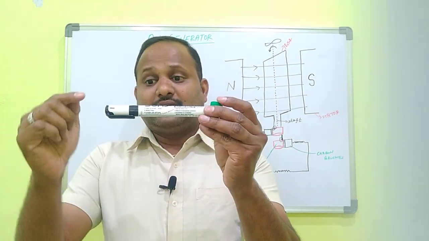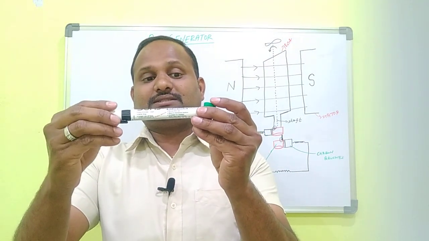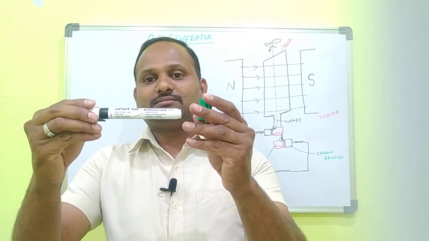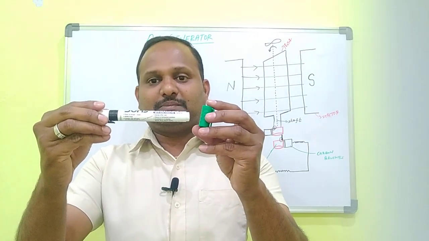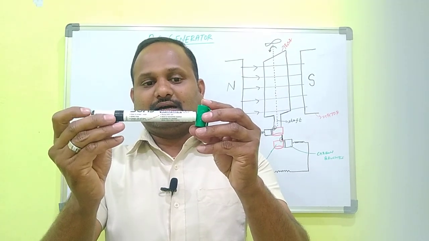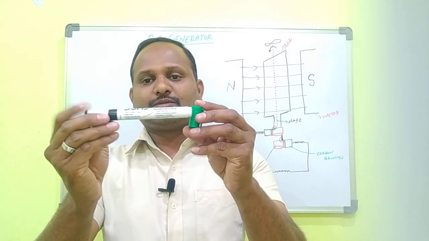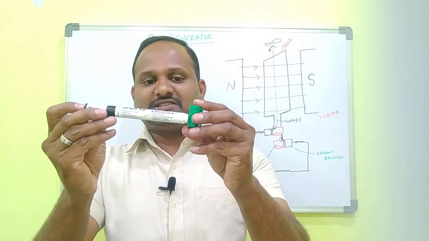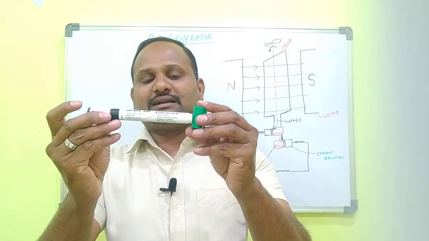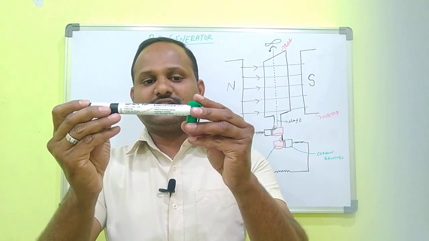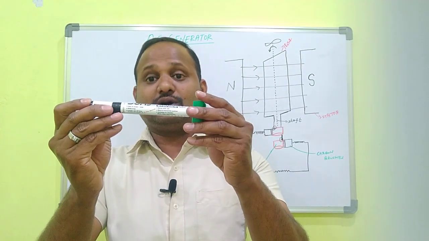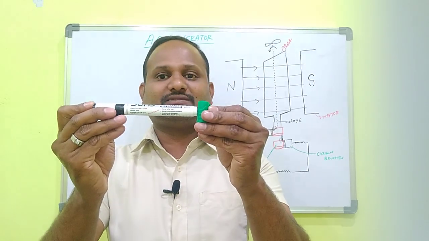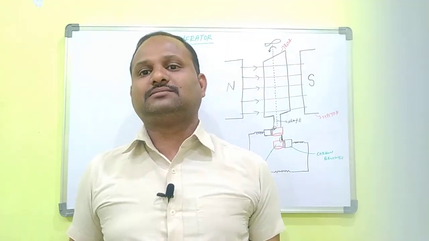If we don't connect with the help of springs, then it becomes loosely attached. When it rotates, there is no connection. So that is the purpose of connecting rings and the carbon brushes with the help of springs. The springs tightly press the rings and the carbon brushes. So even though the rings rotate, the carbon brushes remain in contact with the rings.